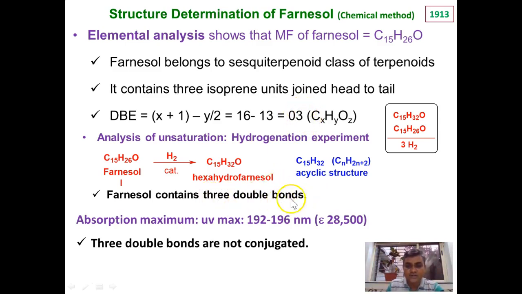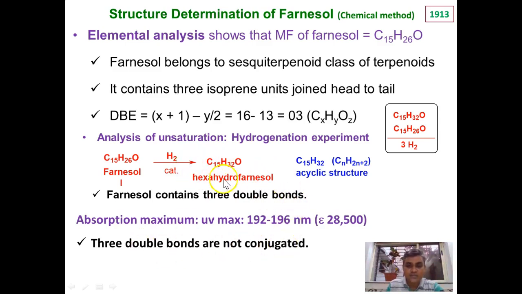Now, these 3 double bonds can be conjugated or they may not be conjugated. So, UV absorption spectrum is another data regarding the farnesol molecule. UV shows the lambda max around 192 to 196 nanometer, and since this value is not in the conjugated range of lambda value, it means that the 3 double bonds are not conjugated.